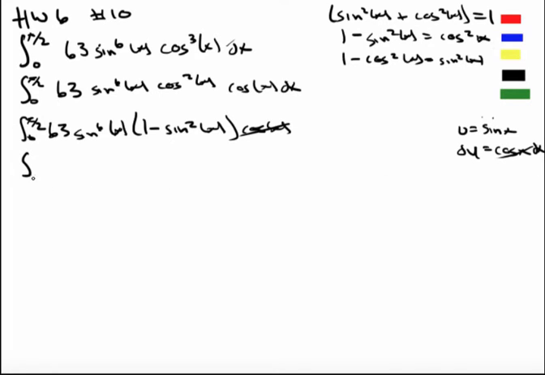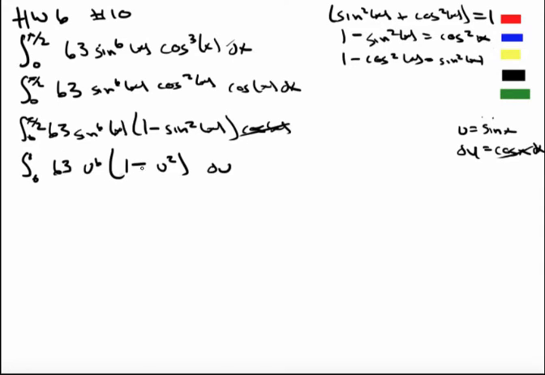So sine of 0 is 0, and sine of pi over 2 is 1. So now we have 63 times u to the 6th power times 1 minus u squared, and we cancel that out, so that equals du. So now we have this du here.